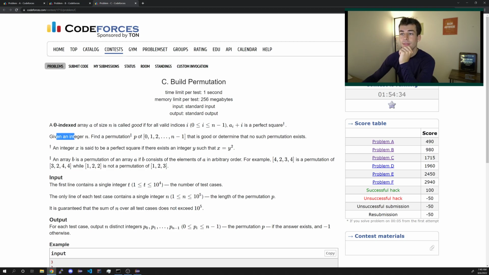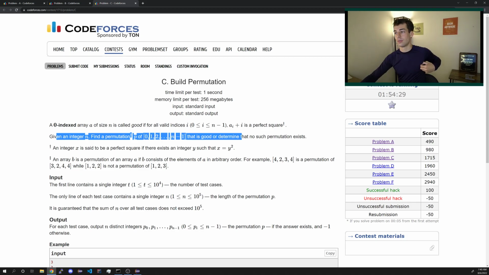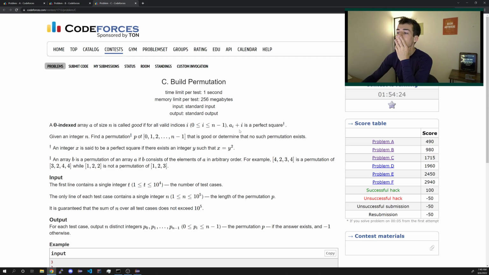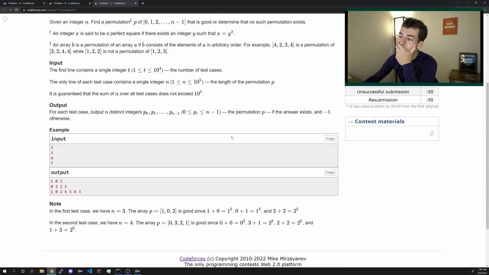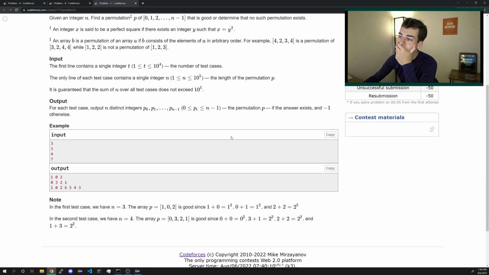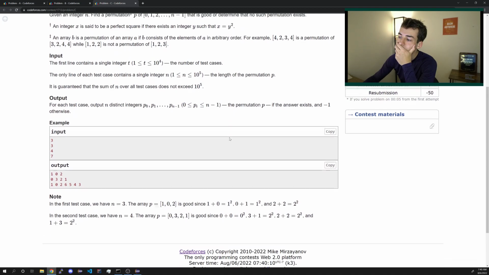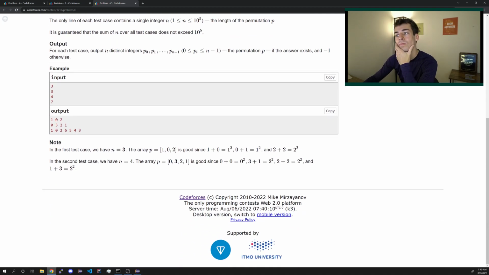Given an integer n, find a permutation that's either good or determine no such permutation exists. Interesting.